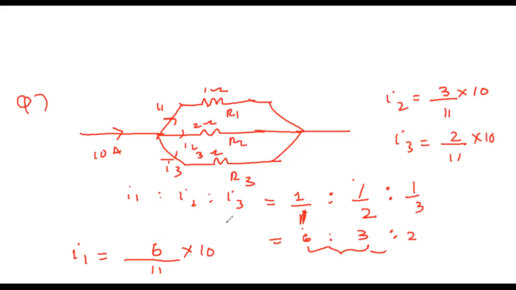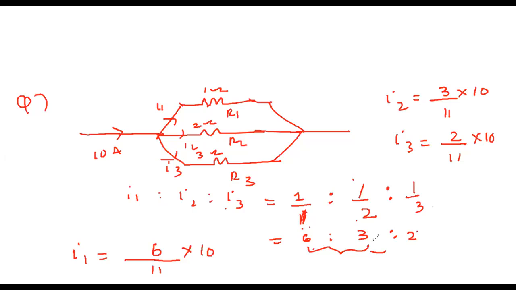So can you do it by the shortcut method? I1, I2, I3. Again see, the ratio of current is nothing but V by R, V by R, V by R. V is the same, so it cancels throughout. So 1 by 1, 1 by 2, 1 by 3. Now take the product of 1, 2, 3, or the LCM also works. So 6, 3, 2.